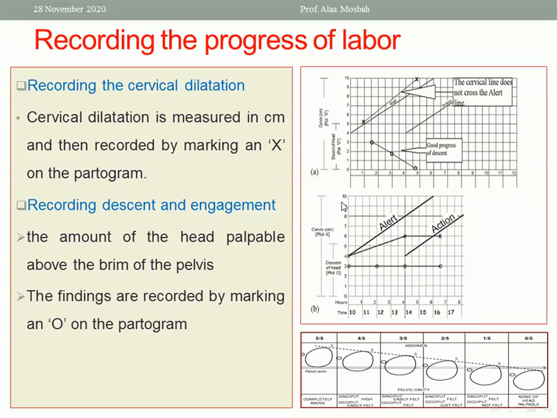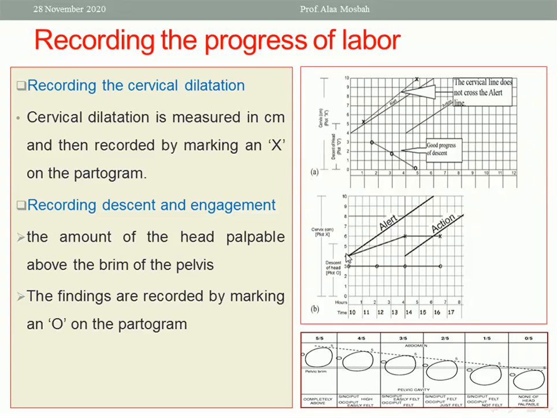What about the other picture here? The other picture looks at the cervical dilatation in the active phase, which started from 4 centimeters here. What about the progress? After 4 hours, reaching 8 centimeters. So there was progress, but it was slowly progressing.